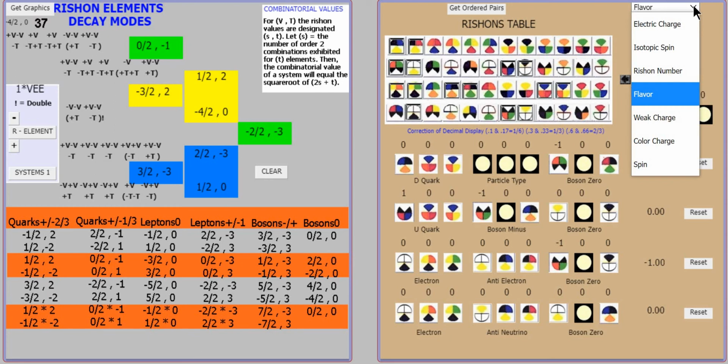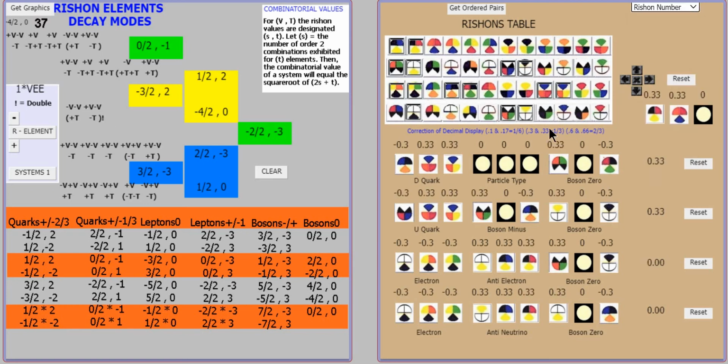Let's look at Rishon number, which supersedes baryon number. And we'll see for the D quark, we have a Rishon number of plus 1/3 and 0 for the Higgs. We have a Rishon number of plus 1/3 for the U quark and 0s for the bosons.